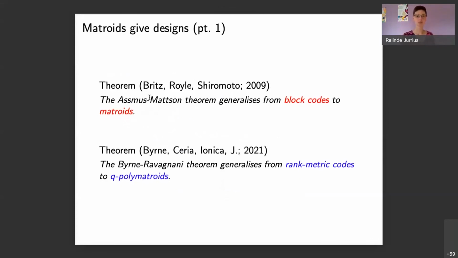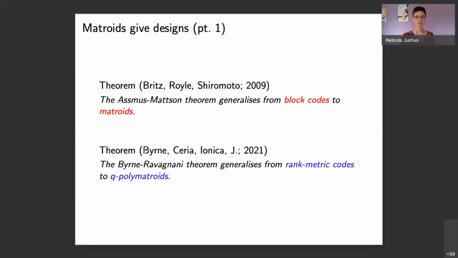And this was done by Britz and Shiromoto in 2009. They gave a theorem that says, suppose we have a matroid and it satisfies certain conditions that really look like the conditions in the Assmus-Mattson theorem, but translated to the matroid case, then you can get designs out of it.